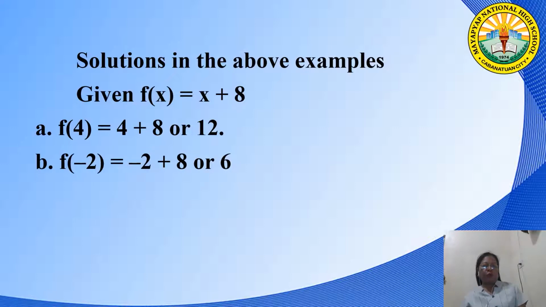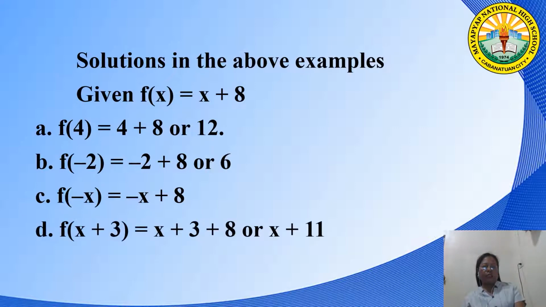F of negative 2, you replace x with negative 2, negative 2 plus 8, or 6. F of negative x, you replace x with negative x. So finally, f of negative x equals negative x plus 8. And for D, f of the quantity x plus 3, you replace x with the quantity x plus 3, so f of x plus 3 equals x plus 3 plus 8.